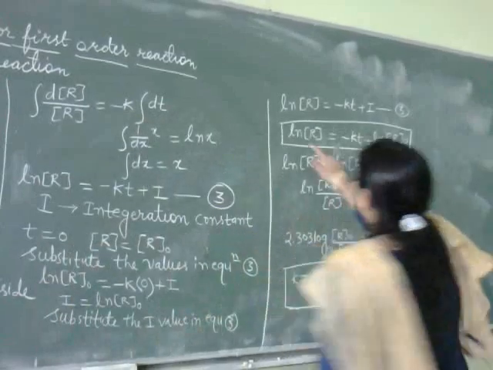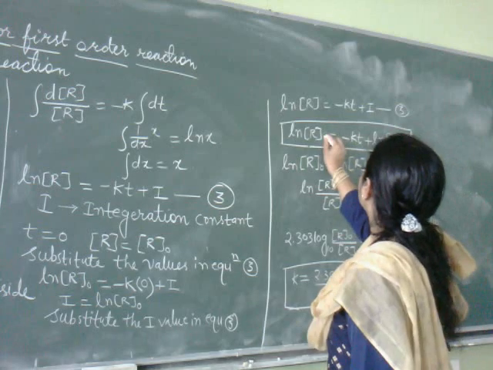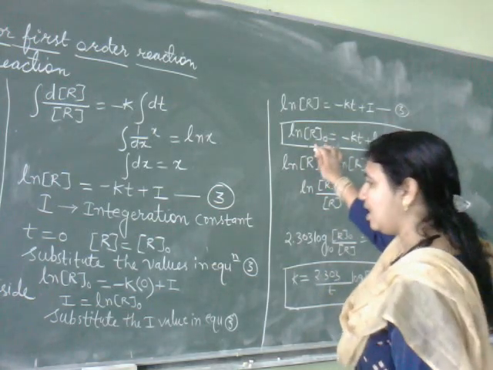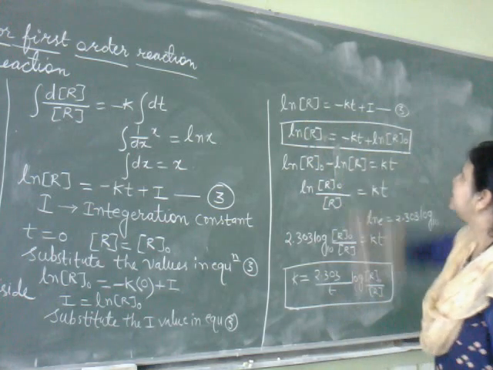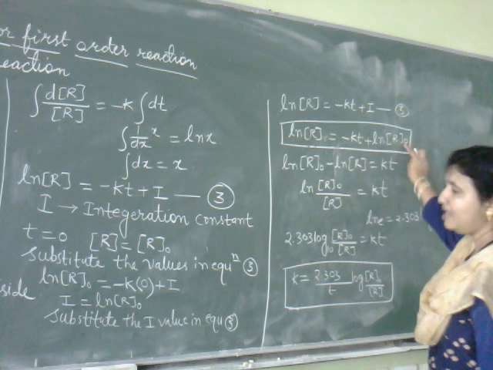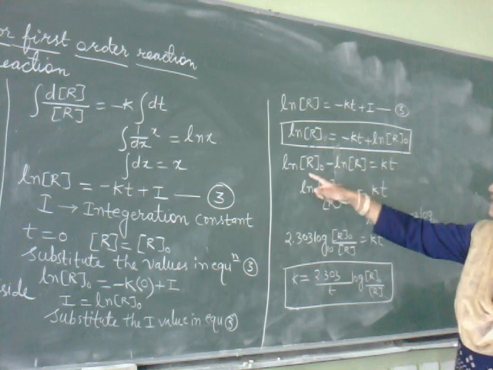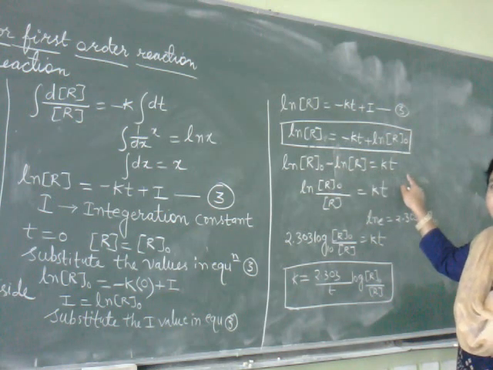So ln R is equal to minus kt plus I, and with I substituted, ln R is equal to minus kt plus ln R naught. Now rearrange this equation. We get ln R naught minus ln R is equal to kt.